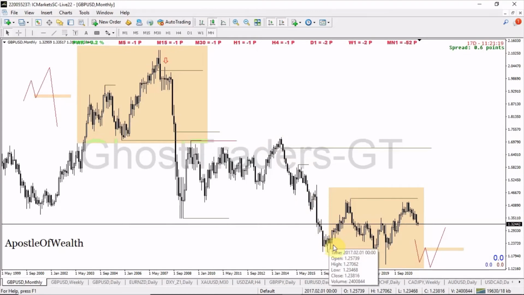Okay, so what I want to bring to your attention is what we see here. We were expecting to have something like this. I was expecting to see something like this taking place. Okay, so you can see at this level here that somehow price failed to give us this structure here.